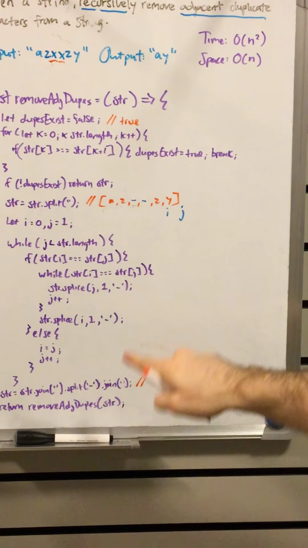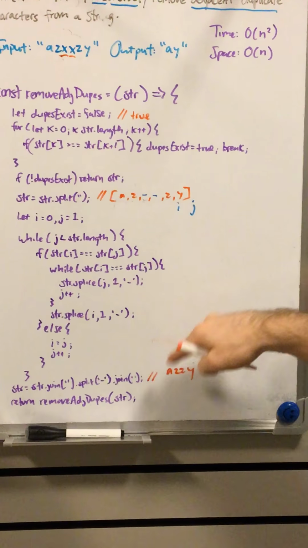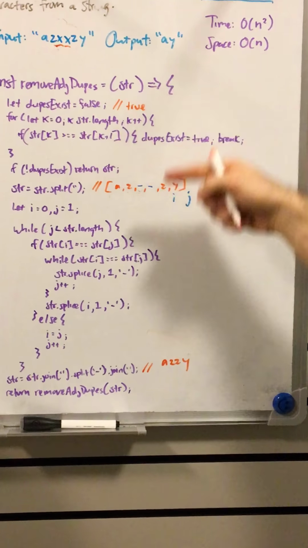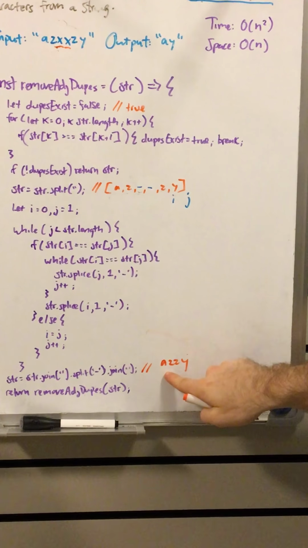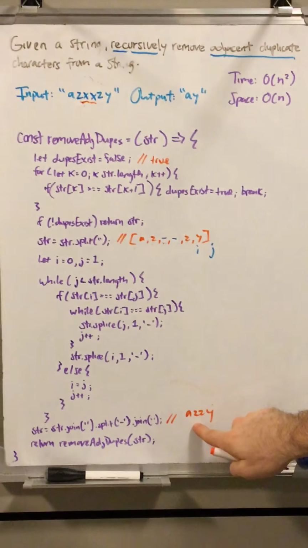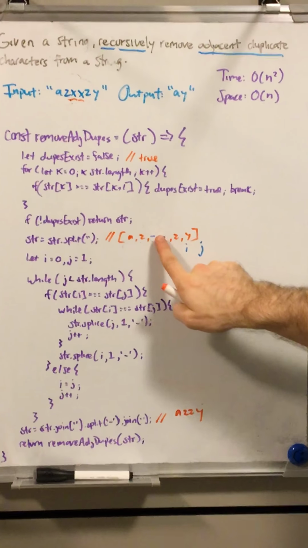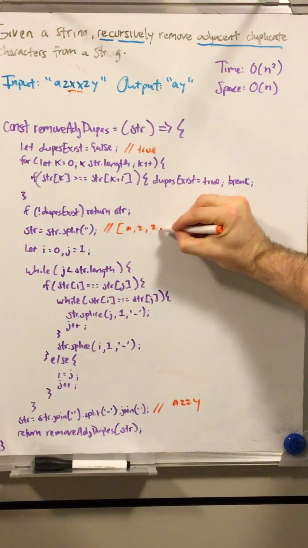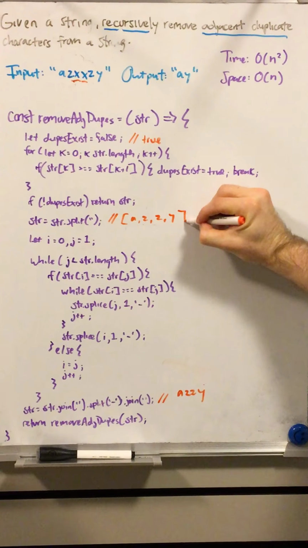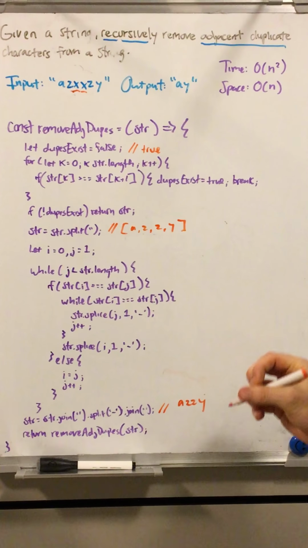We place azzy back into our recursive call. It's going to go back up here. It's going to evaluate true for the duplicates because it's going to find the two adjacent z's. And then it's going to break them up, make azzy look like so in an array, and we're going to start the whole process over again.